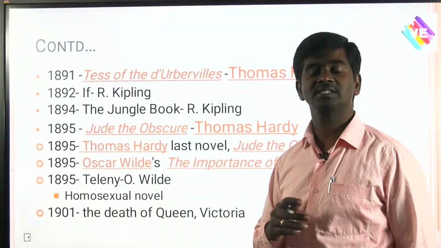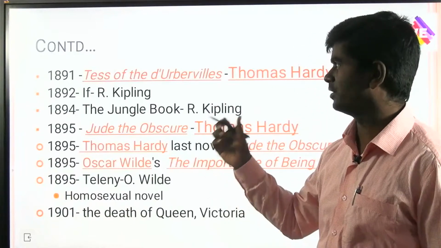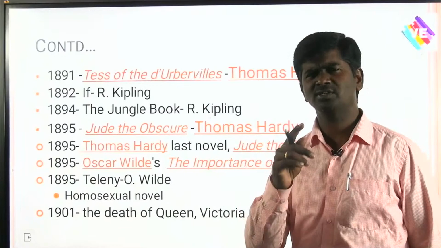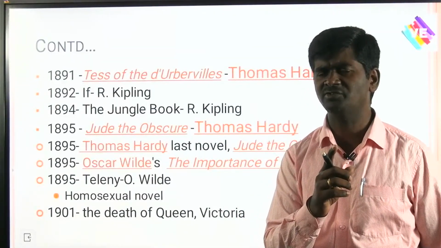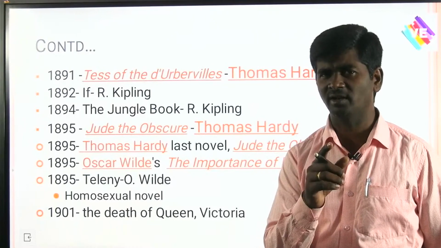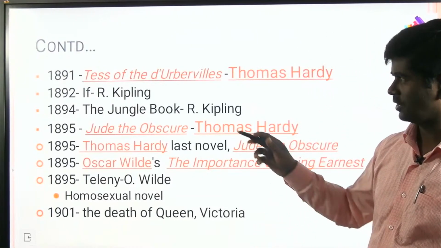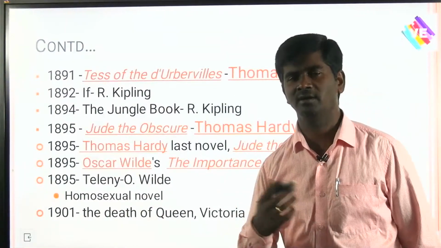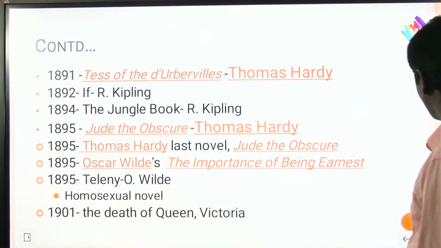If, the title of the text is If, it's written by Rudyard Kipling. Rudyard Kipling, the first person who was awarded the Nobel Prize for Literature in 1907, remember. So, The Jungle Book, and Rudyard Kipling is also popular for a concept called jingoism.